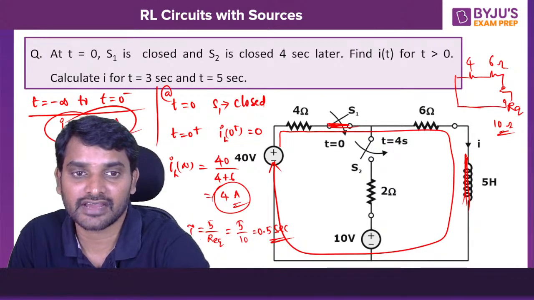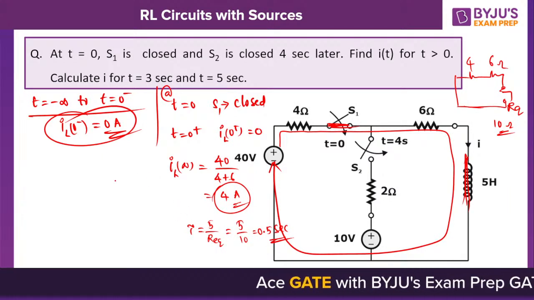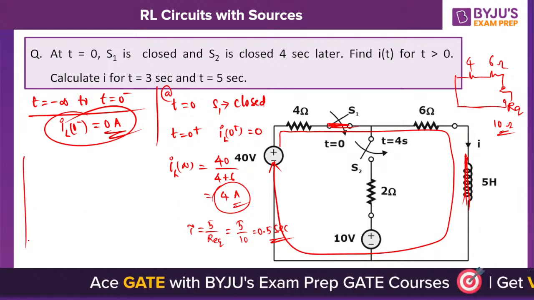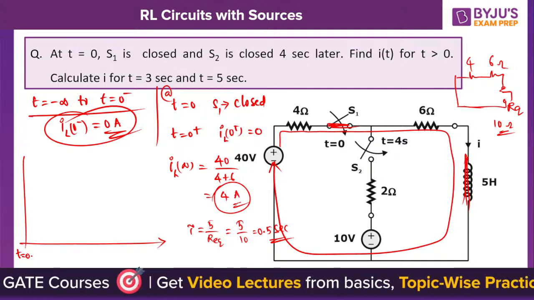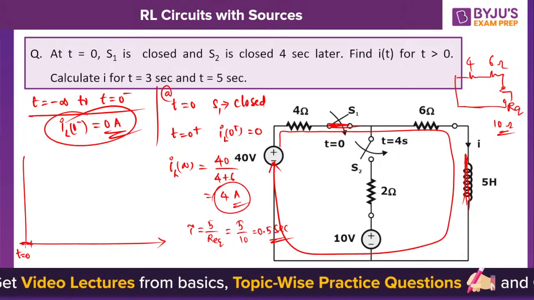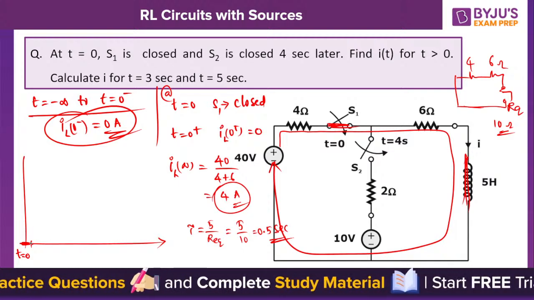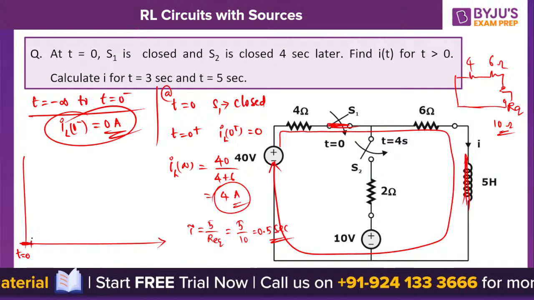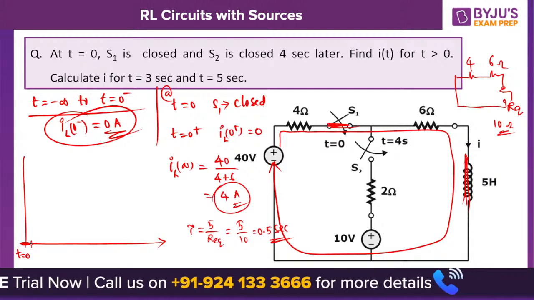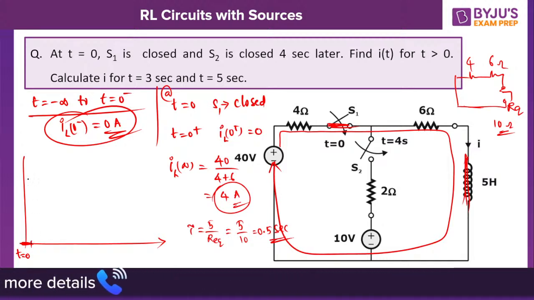Let me show you the graph here. If I close the switch at t equals 0 plus instant, there is no change in current; it is still maintaining 0 current. Within 0.5 seconds, it has to reach 63.2% of the total value of 4 amperes.